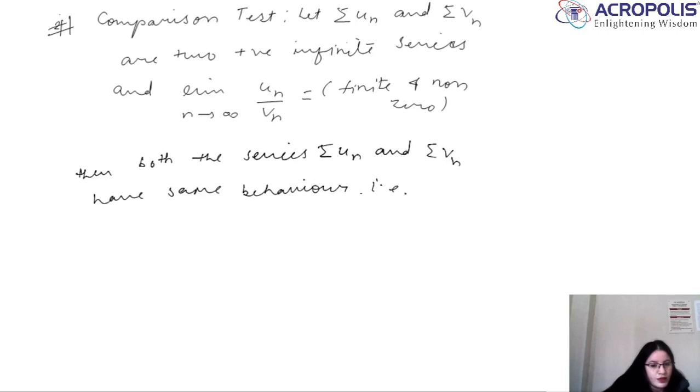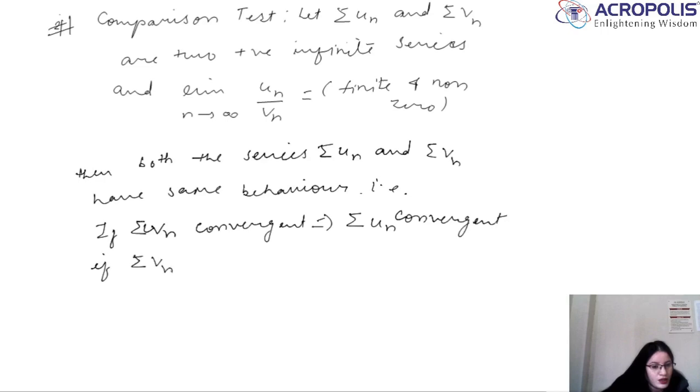That is, if summation vn is convergent, it implies that summation un is convergent. If summation vn is divergent, it implies summation un is divergent.